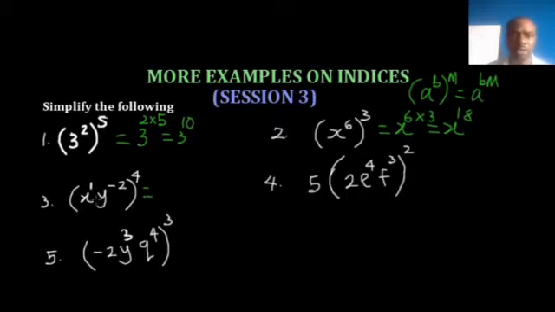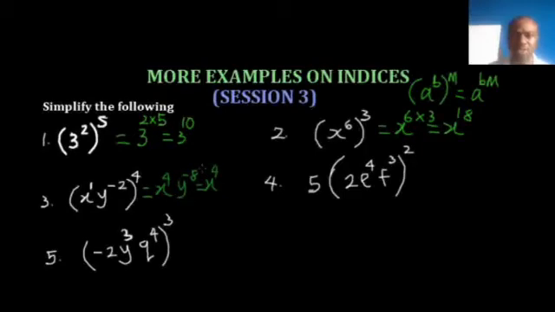So that will be x to the 1 times 4, that gives us 4. Then we have y to the minus 2 times 4, that gives us what? Okay, correct, minus 8. And that will now be x raised to power 4.